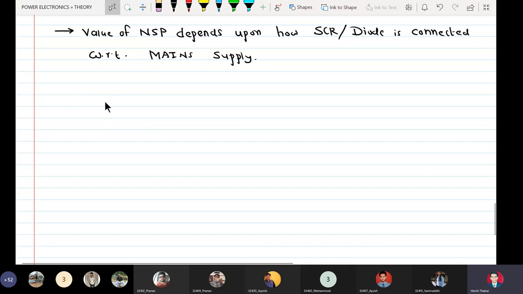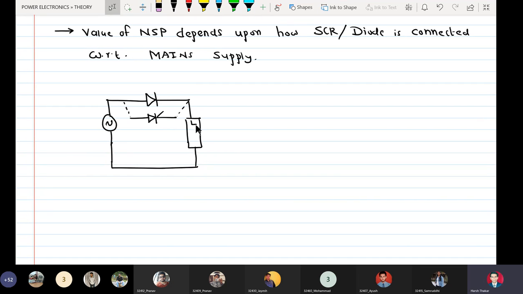Okay, so give an example. If this is my single phase supply and this is my diode, or it can also be an SCR, and if this is my load, then we know this is line, this is neutral, this is the supply, instantaneous value Vs. So for this diode D or SCR S, can you tell me what will be the natural switching point?